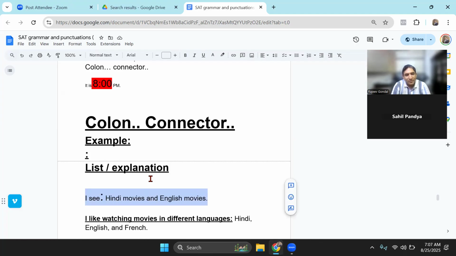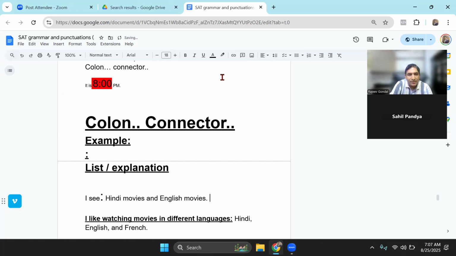Because the sentence just doesn't make sense. You're just saying I see, but you're not giving any context behind that. Okay, you are right. This is incorrect. The reason is that the part before the colon must be a full sentence. So this is the rule.